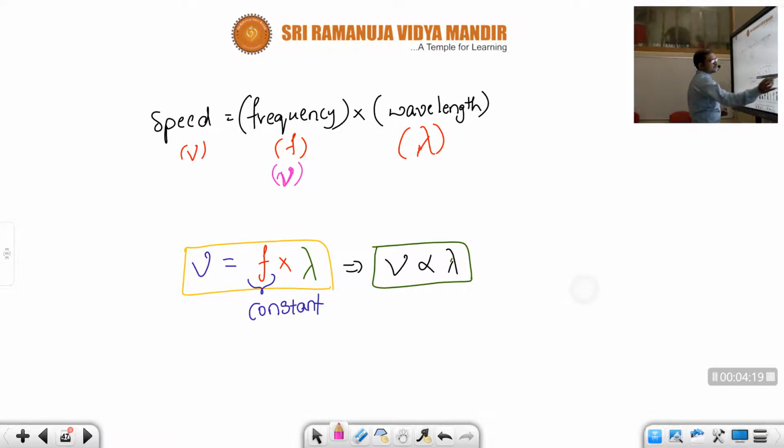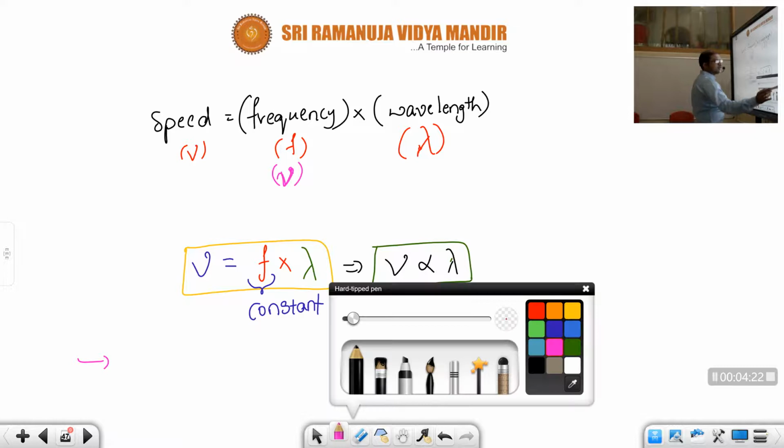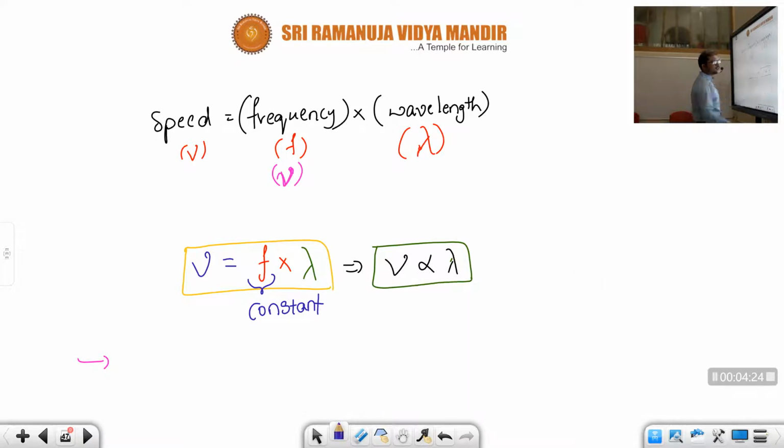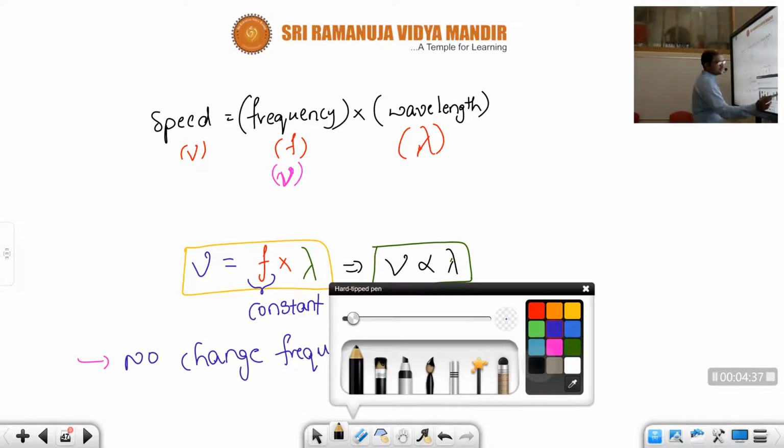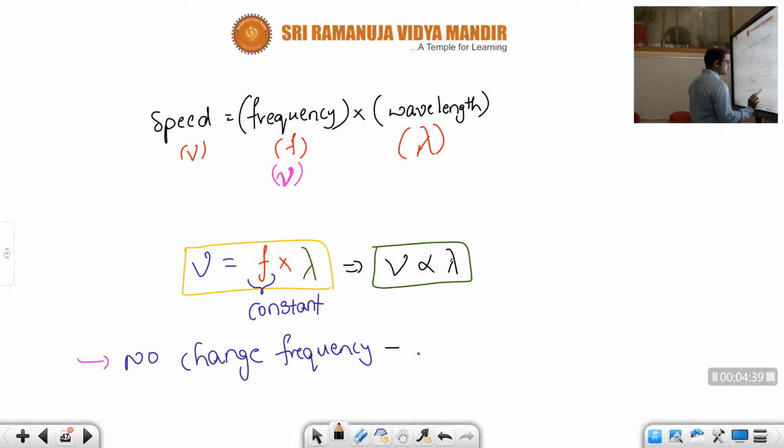Children, see here, we know that during refraction there is no change in frequency. No change in what, children? Frequency during refraction.